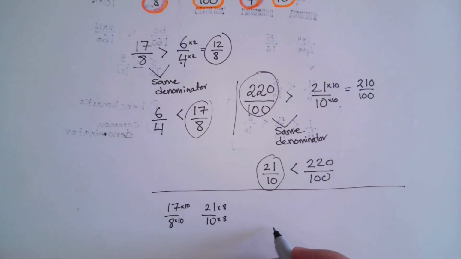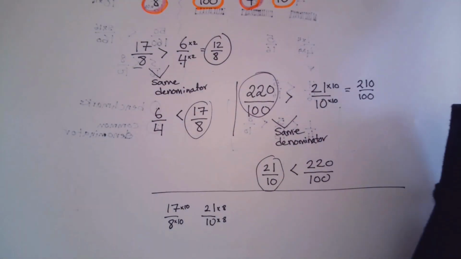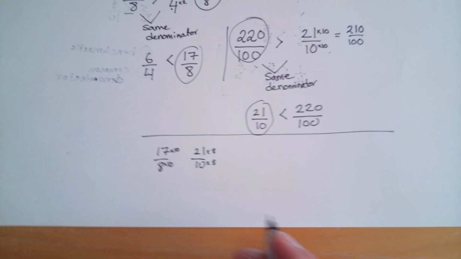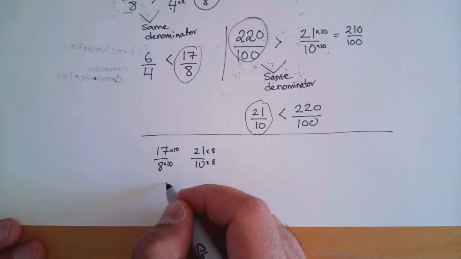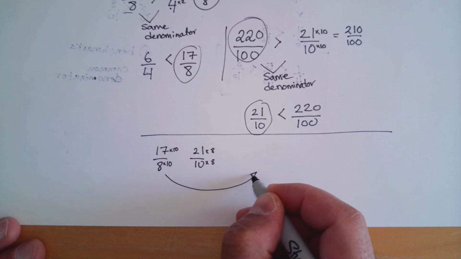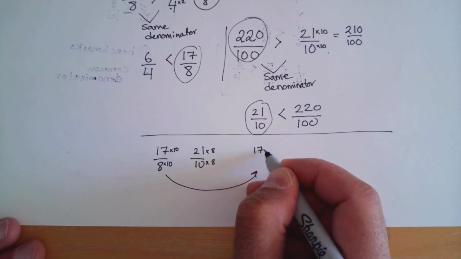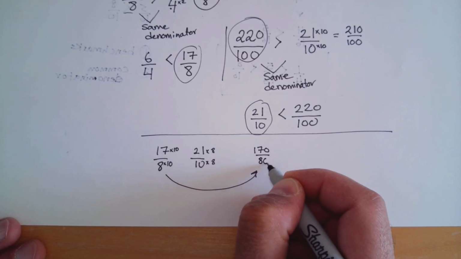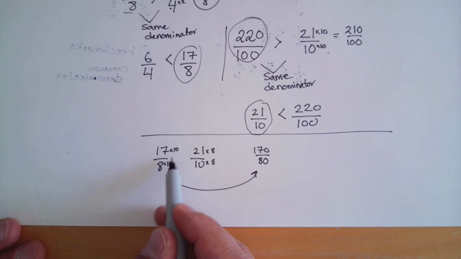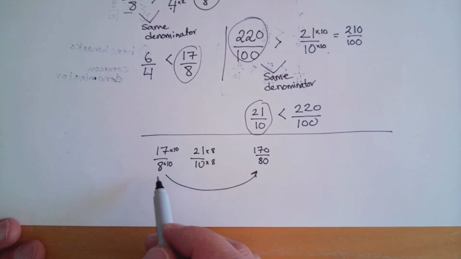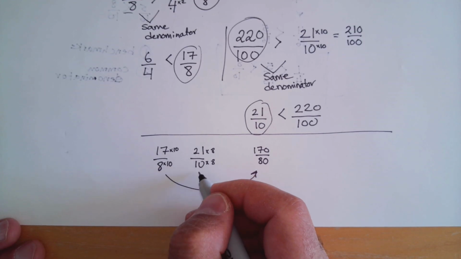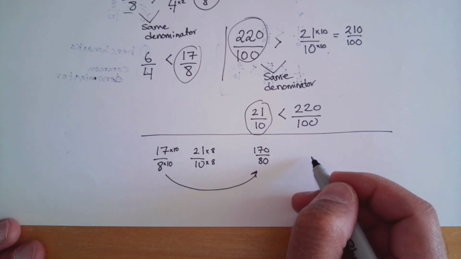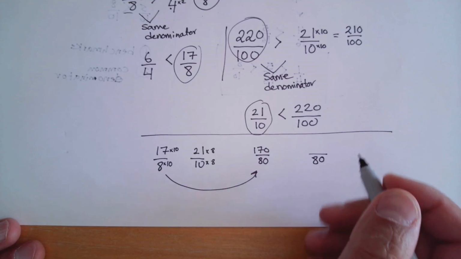So now we have, I'm becoming messy here, so bear with me. Let's move the camera. Okay, so now we have 17 eighths is going to become 170 eightieths because we partition each eighth 10 pieces more, and 21 tenths is going to be also eightieths.